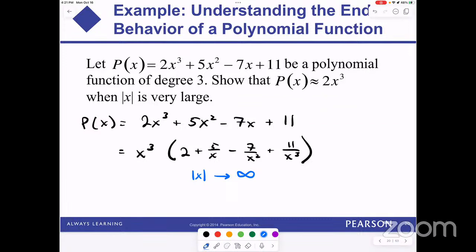So as that denominator gets bigger and bigger, you should notice that this term gets smaller and smaller, closer to what? 0. Same thing for this guy. As that denominator gets bigger and bigger, this tends to 0, and this tends to 0.